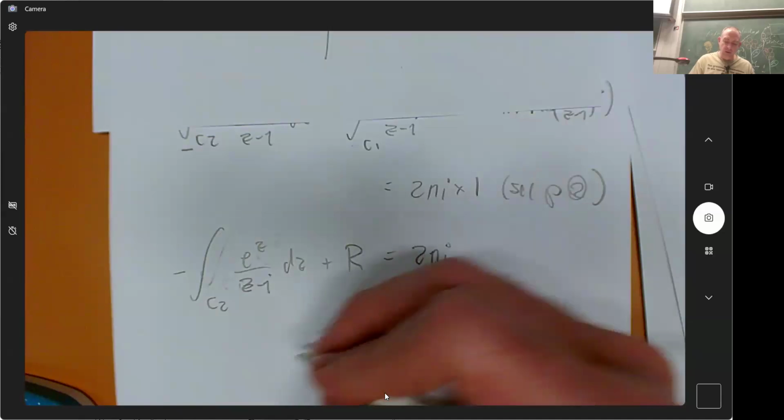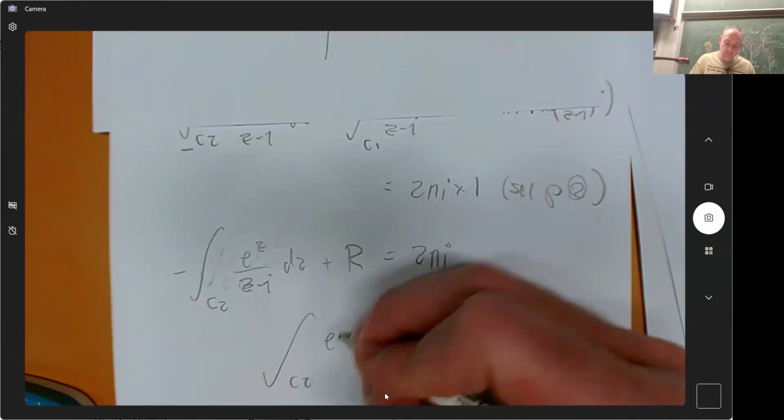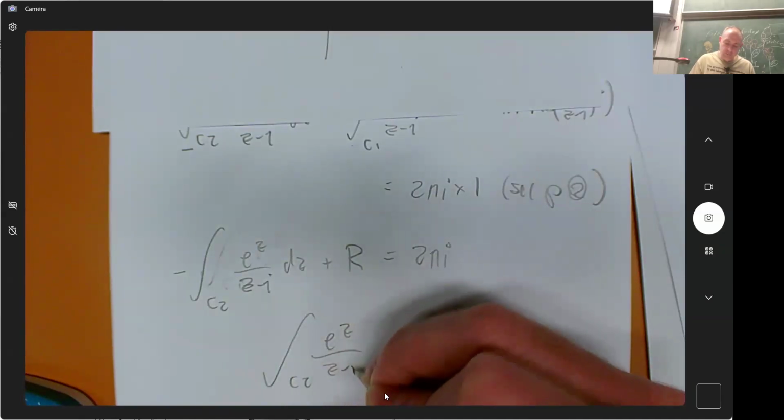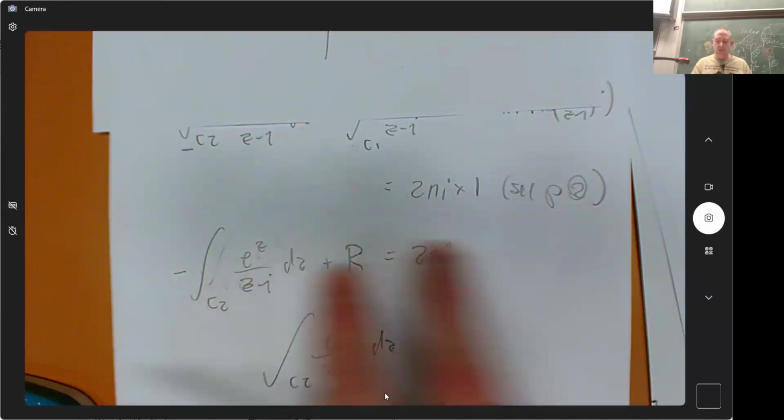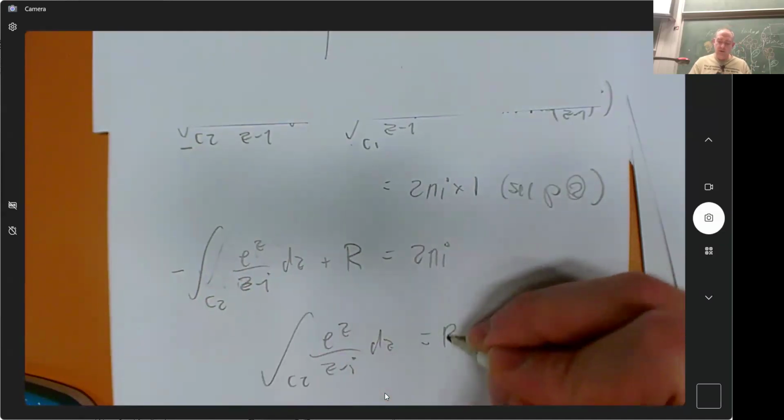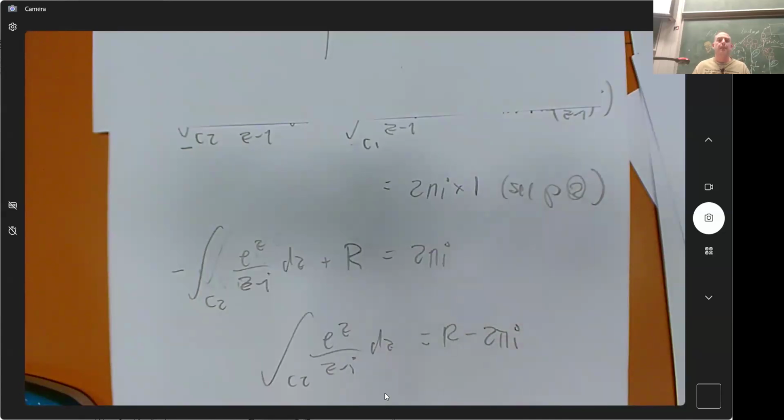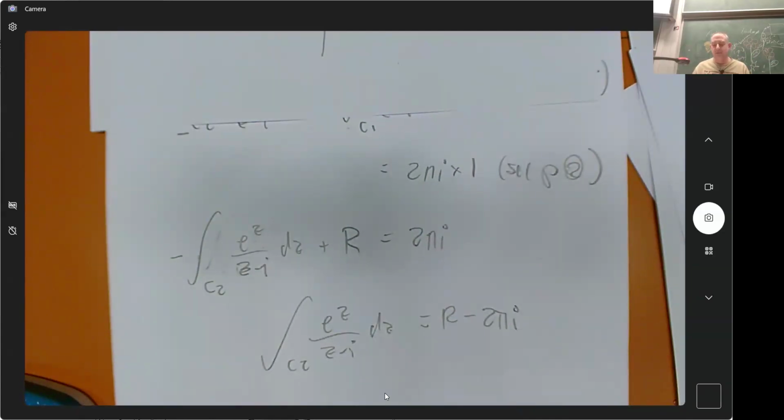And so therefore the integral I want is R minus 2 pi i. Yay! I like it. That'd be a cool exam question, because you don't actually have to do any parameterization or whatever. You just have to find a way to write it down.